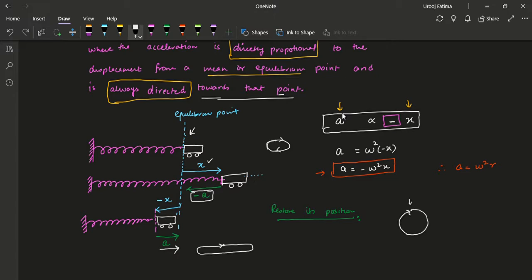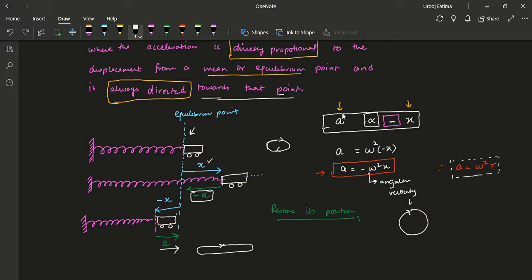So this equation, if you open up the proportionality sign, we need to put omega squared, and this omega is the angular velocity, and you might have already seen this formula in circular motion, and that is this.